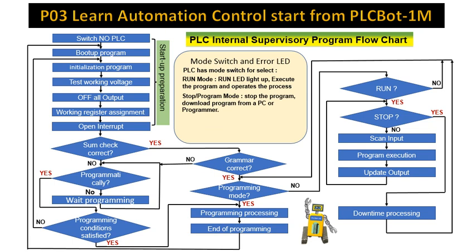In stop mode, you can download the program from a PC or programmer. Error LED: when the supervisory program detects an error, it stores the error status to a flag register for troubleshooting.